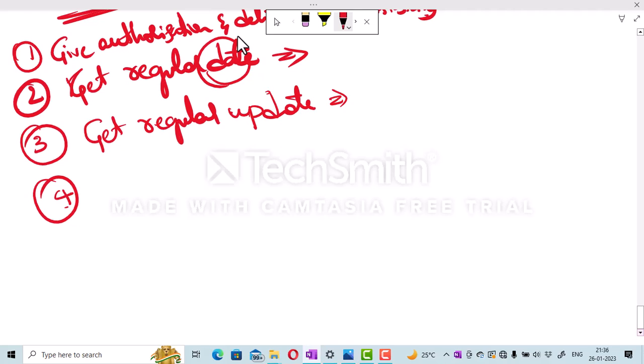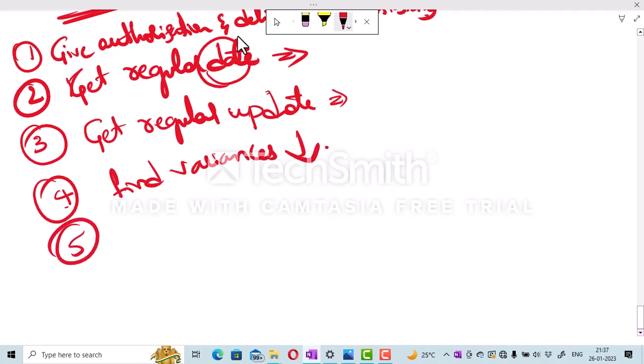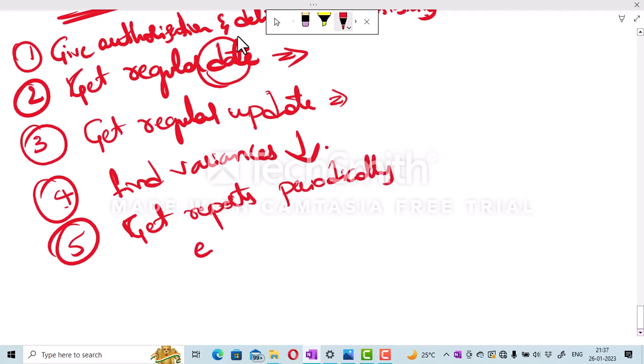Next, you should always find the variances and reduce the gap between them. We should get reports periodically, and reports should be easily understood.